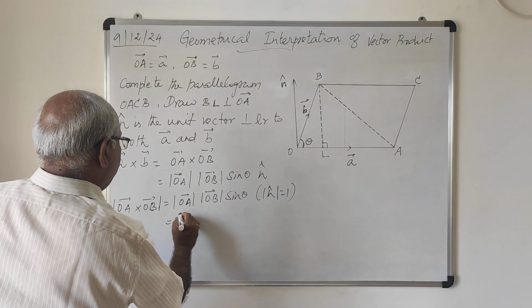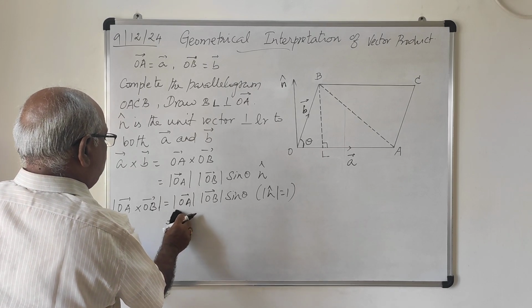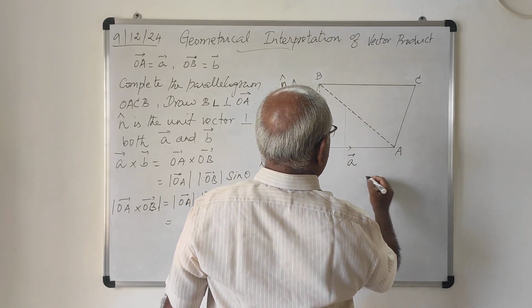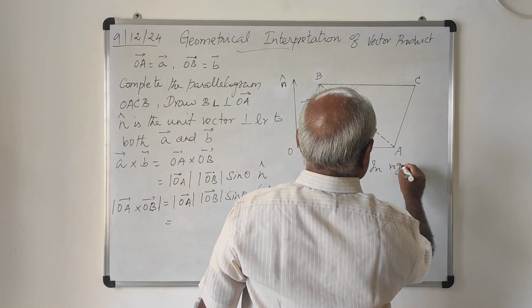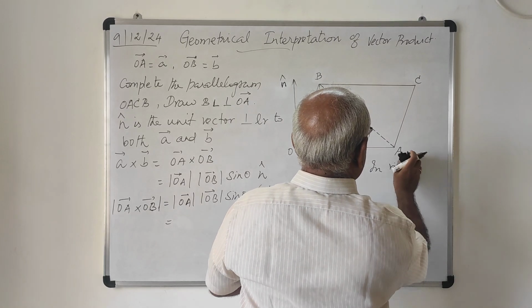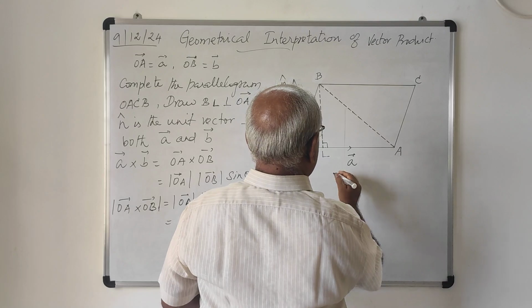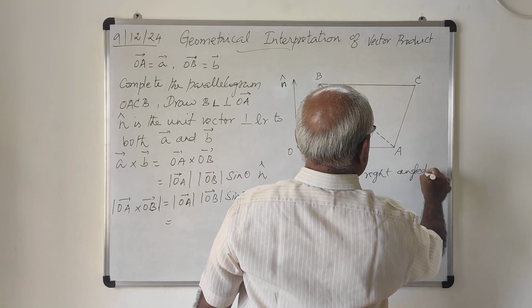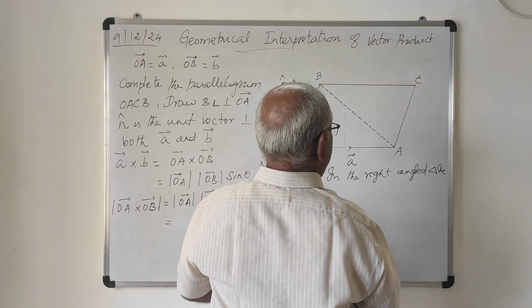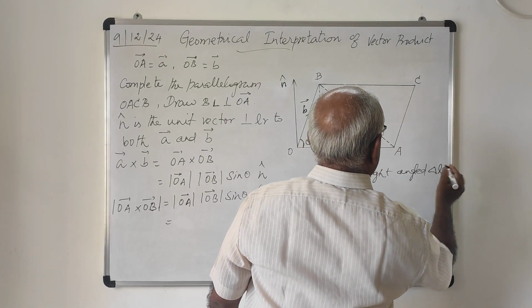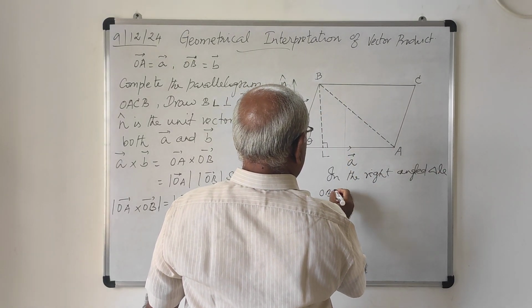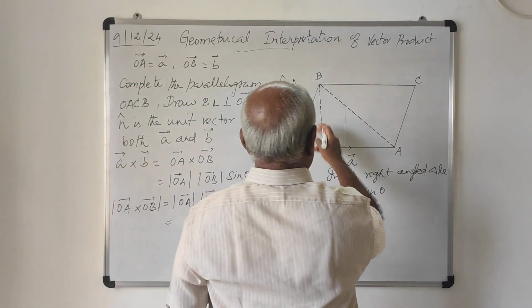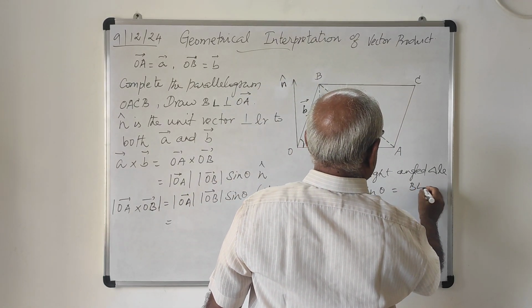OA is A and OB is B. From the right angled triangle OBL, sin theta equals opposite by hypotenuse, that is BL by OB.